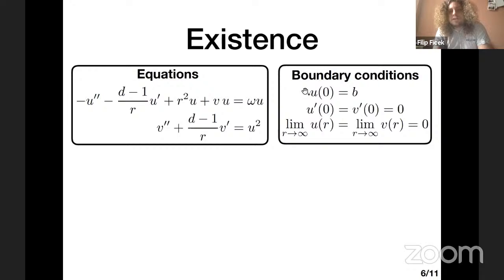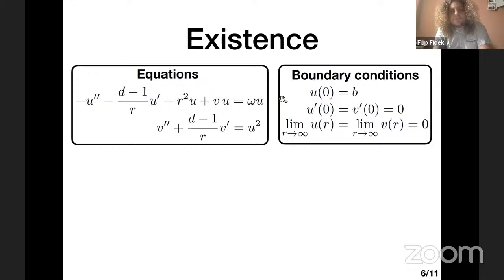And the question is, if we take some arbitrary B, do there exist values of omega in this equation such that the solutions of this equation satisfy the boundary conditions?